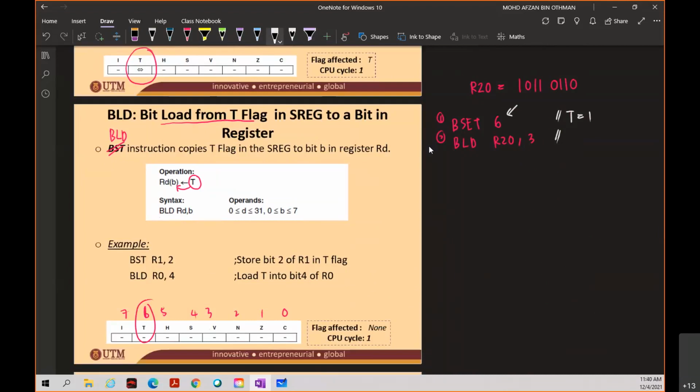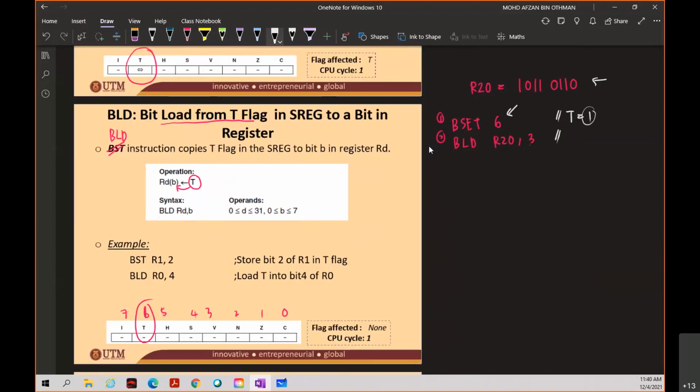Then BLD R20, 3. What happened here? Copy the T flag to bit 3. You copy the T flag value, which is 1, and put it into bit 3 of R20.